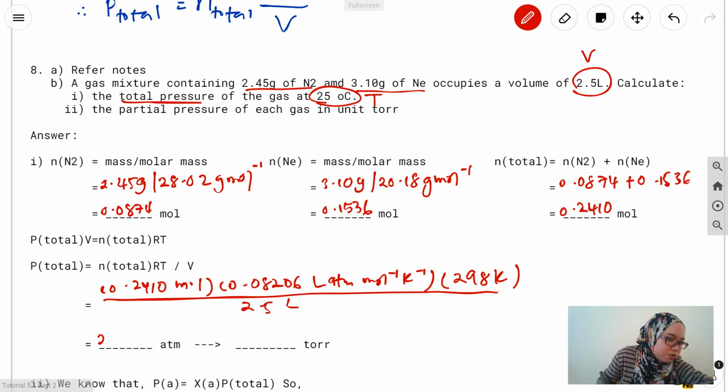We will get 2.3579 atm. Okay, 2.3579 atm.